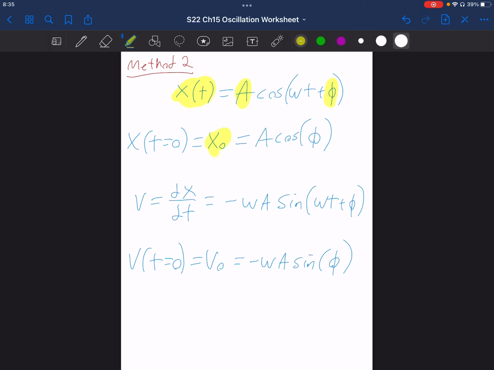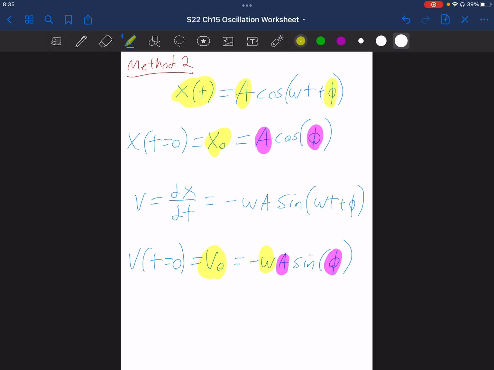This position equation where I know the position, and this velocity equation where I know the velocity, but each has two unknowns, a and phi. And yes, we do know omega because we know the spring constant and we know the mass. So I can now solve for a and phi because I have two equations and two unknowns.